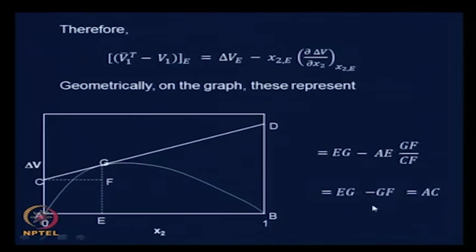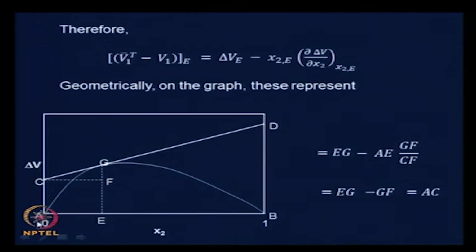This is the way we showed that there was some equality of distances. AE is the same as CF, and therefore we could cancel the 2, and therefore V1 T hash minus V1 at the point E became GE minus F minus GF, that is GE minus GF, which is FE.